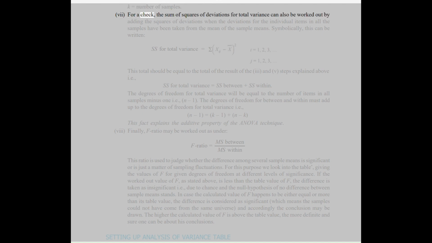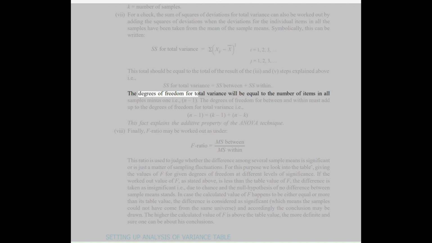7. For a check, the sum of squares of deviations for total variance can also be worked out by adding the squares of deviations when the deviations for the individual items in all the samples have been taken from the mean of the sample means. Symbolically, this can be written: SS for total variance is equal to, this total should be equal to the total of the results of the 3rd and 5th steps explained above, i.e., SS for total variance is equal to SS between plus SS within.